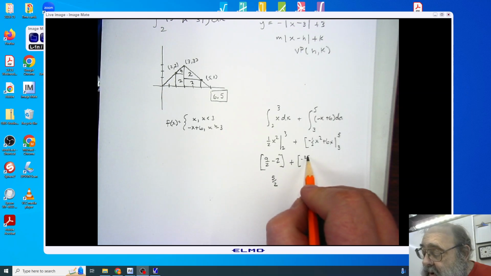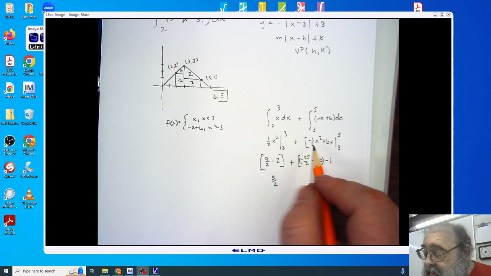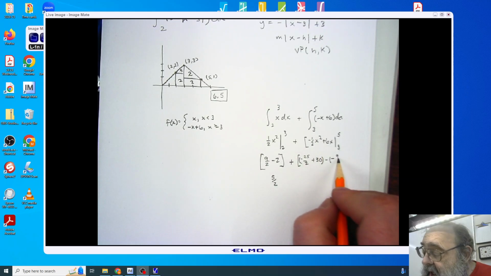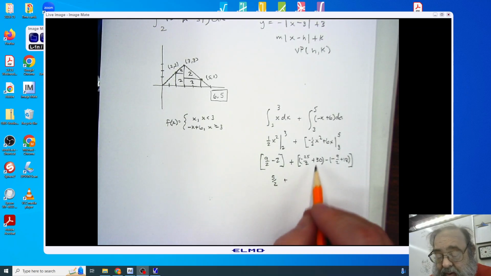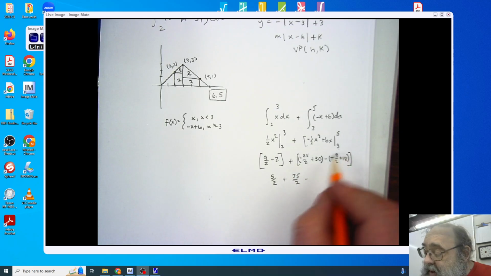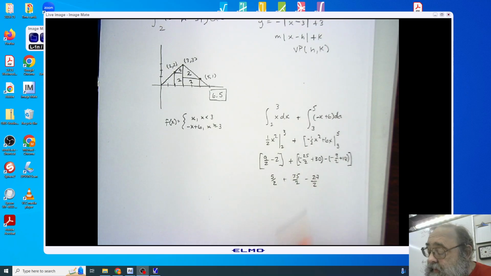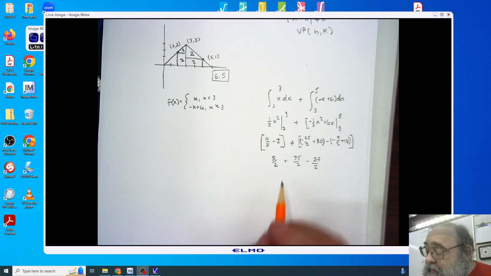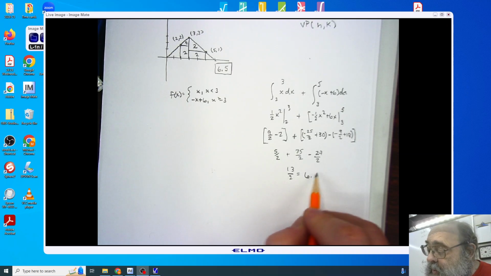That's going to give me negative 25/2 plus 30. And then we have to subtract, plugging in the 3. That's going to give me negative 9/2 plus 18. I'm going to need to simplify this, so this first piece will simplify to 35/2. The second piece actually subtracts, and we end up with a negative 27/2. We're now going to add this all up to get 13/2, and our answer is still 6.5.